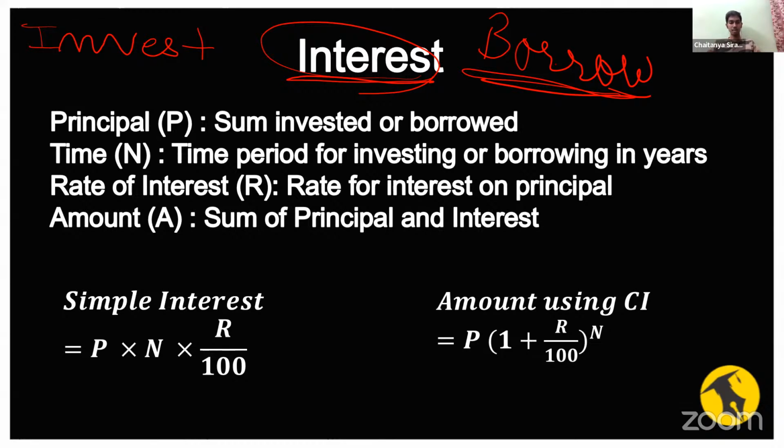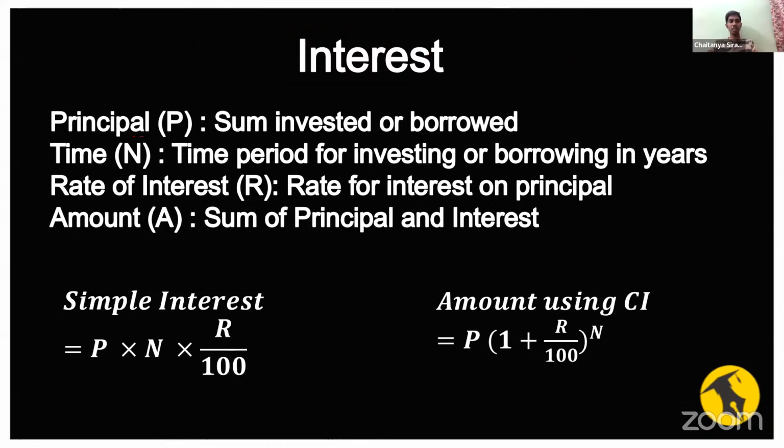There are a few key terms which you should know. The first one is the principal. A principal is the amount which you initially borrow or invest. So if I decide to invest 1,000 in State Bank of India tomorrow, then 1,000 rupees would be my principal amount.